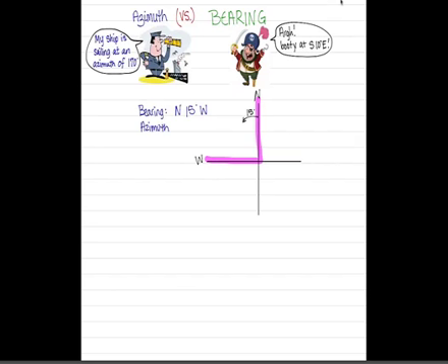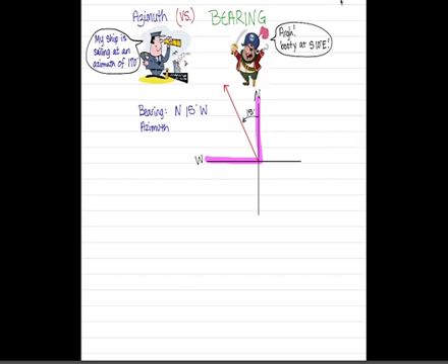Remember, bearings can go either direction, clockwise or counterclockwise, it doesn't matter, but azimuths can only go clockwise. So that line is from here to there. That's the direction.